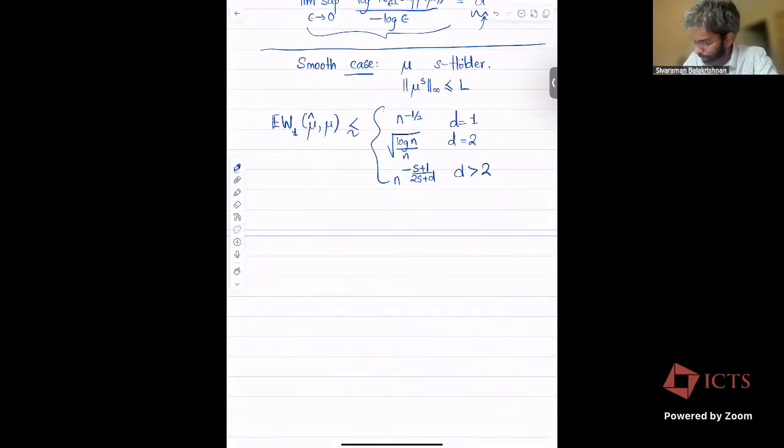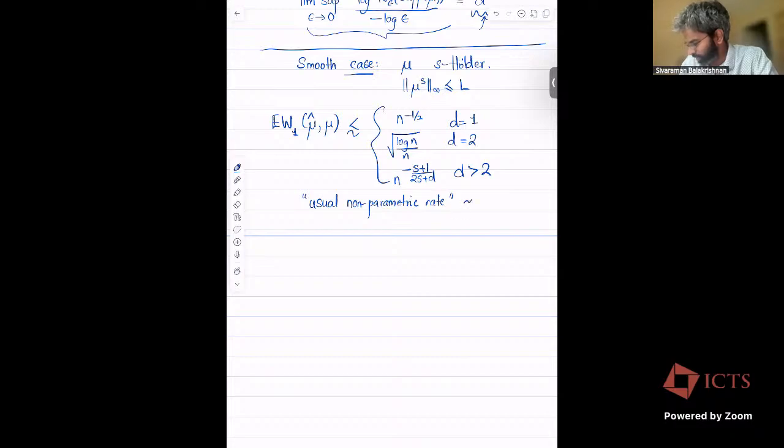And maybe you should compare this to the usual non-parametric rate. If you're not familiar with non-parametric rates, the way you should think about the usual non-parametric rate is how well can you estimate the distribution in the TV sense.